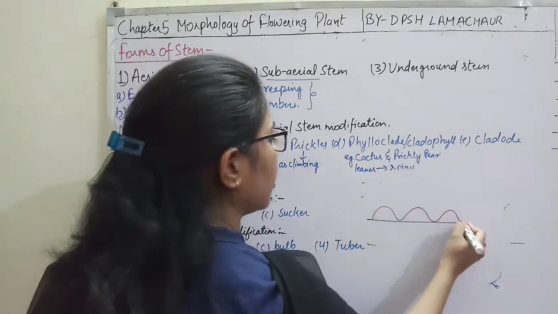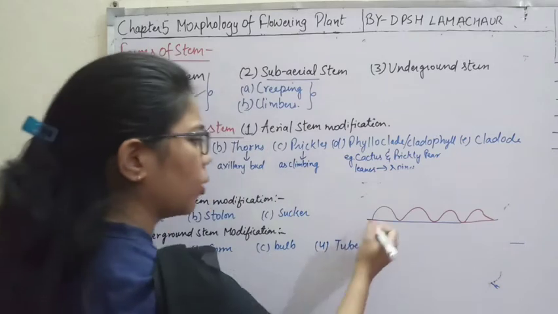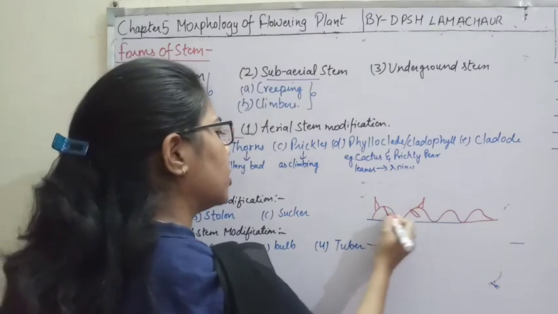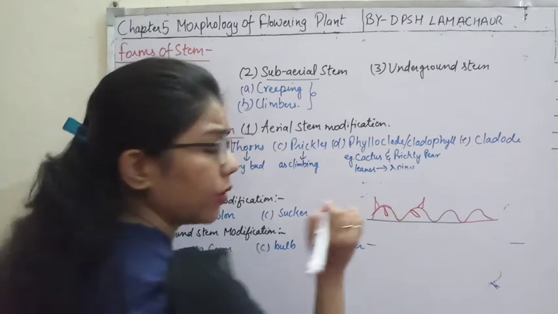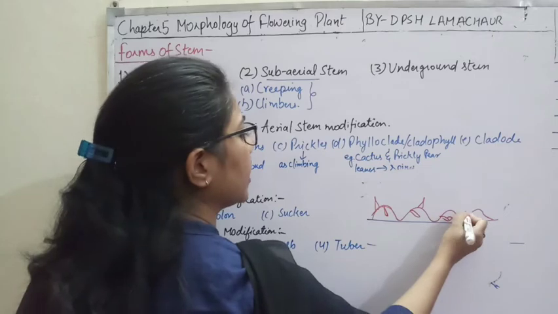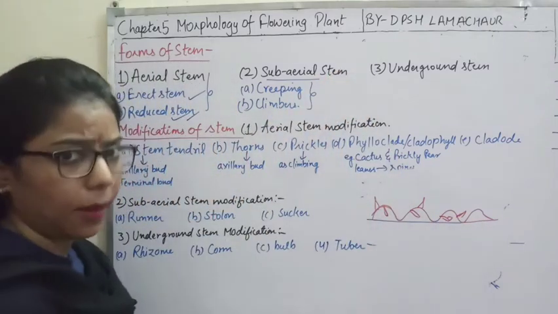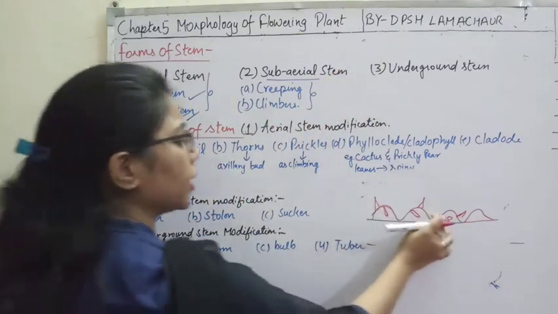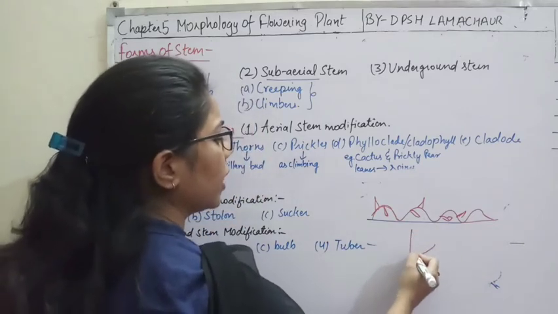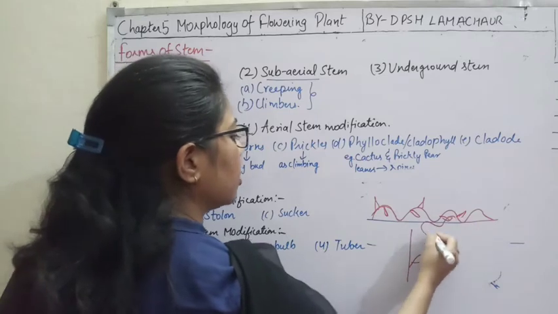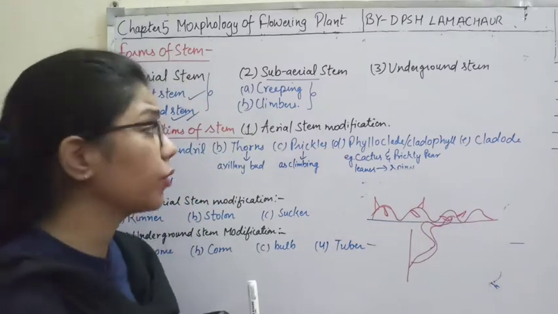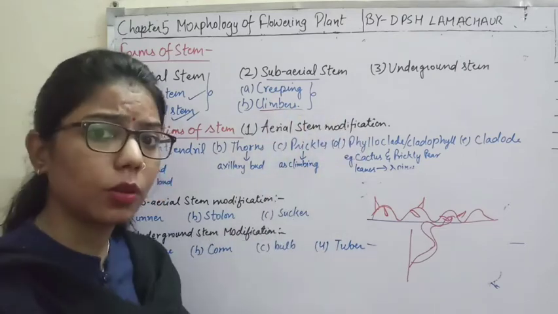Some of the plants are like this, and from here you can see the leaves. So this structure which has proper leaves, you will say it is a subaerial stem. It may be in the form of this creeping structure, or sometimes we have seen climbers, which are climbing structures. In the case of grapes we can say climbers are there.